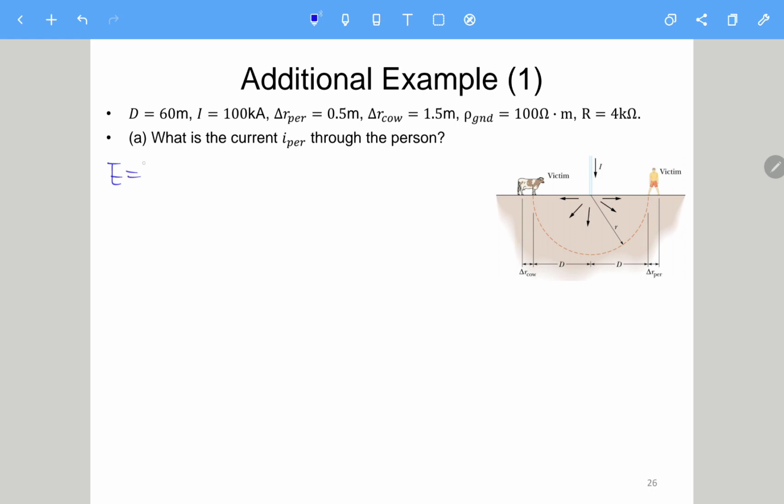So E is rho ground J. We try to get E equals rho J, and J we will assume is uniform, so J equals I over 4 pi r squared. The I here is from the lightning hitting this point, and then it spreads in different directions.